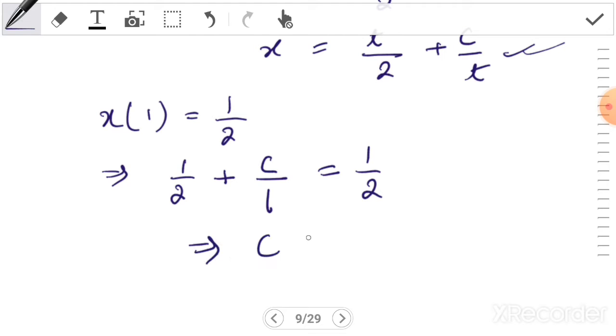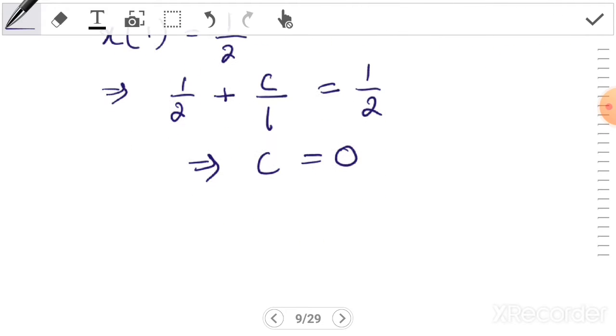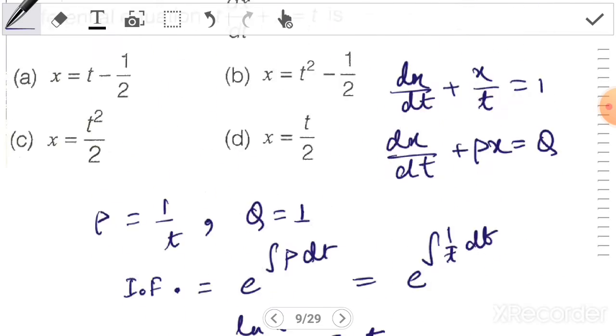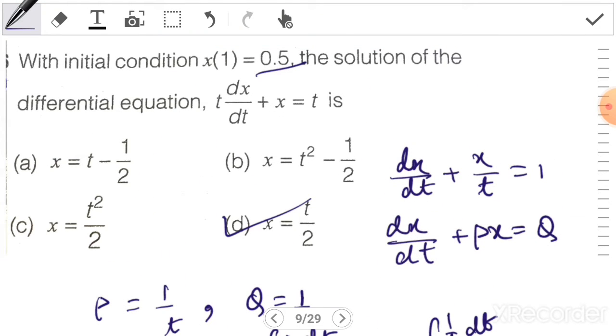That gives c is equal to 0. That means x is equal to t by 2 is the solution. Fine, let us go to the next problem.